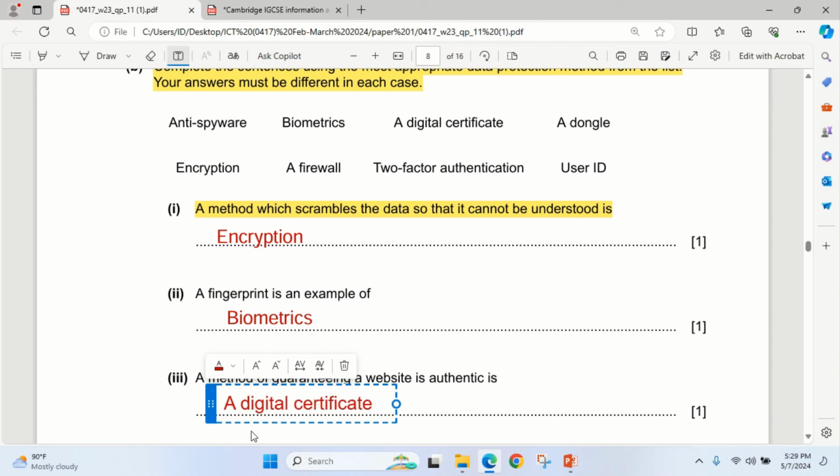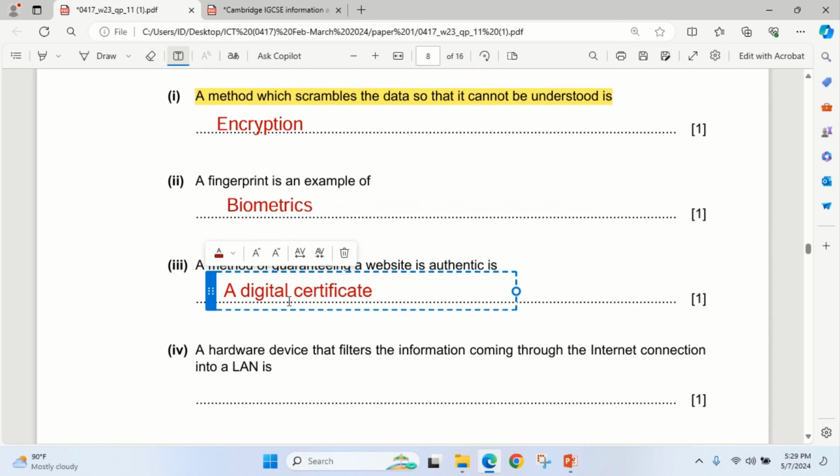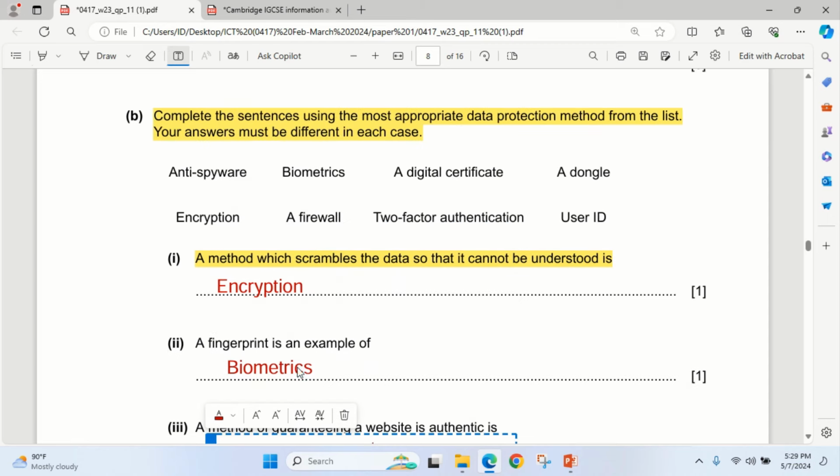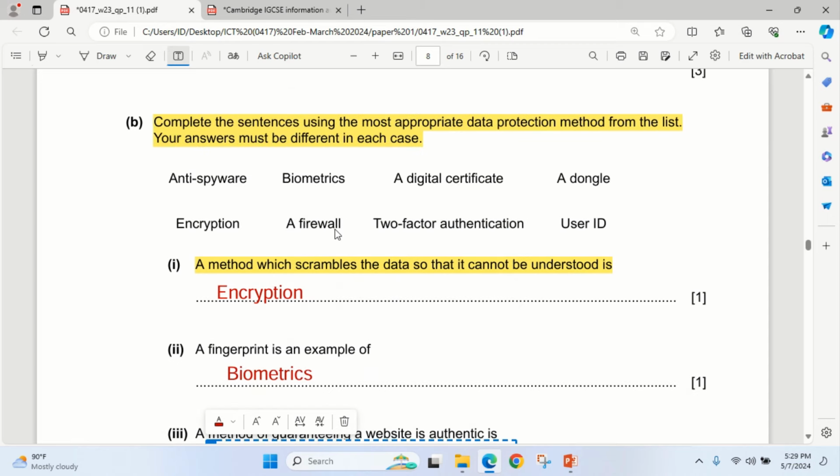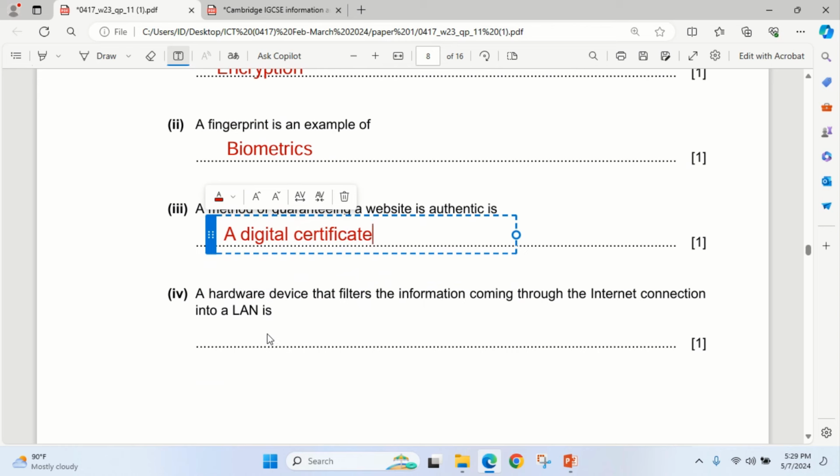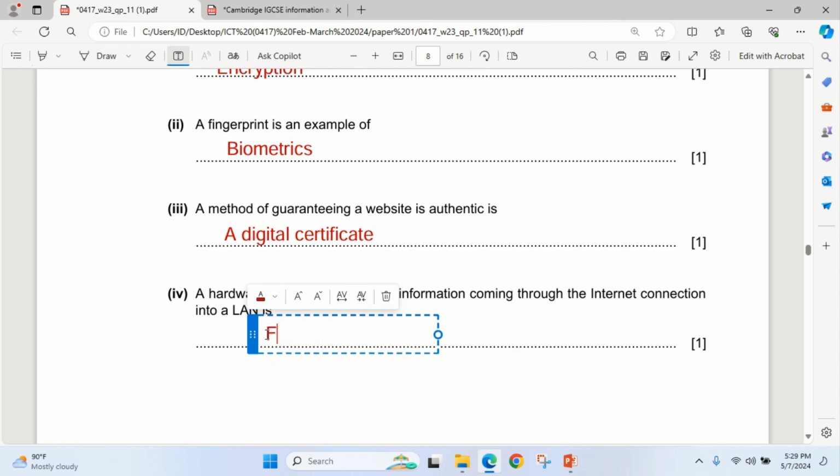And when you have a question like this, your response must be from the list given. The fourth one, a hardware device that filters the information coming through the internet connection into a LAN is a firewall. Okay, good.